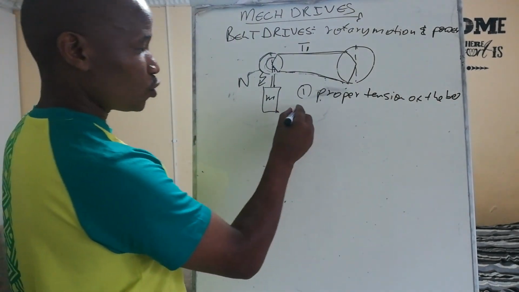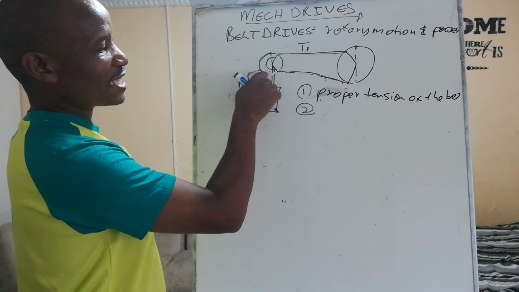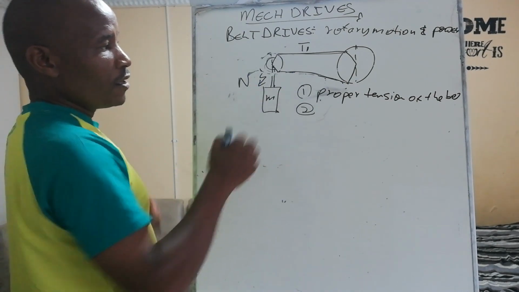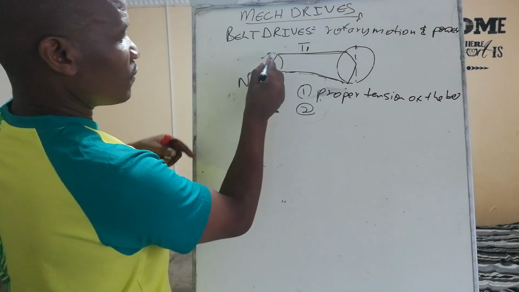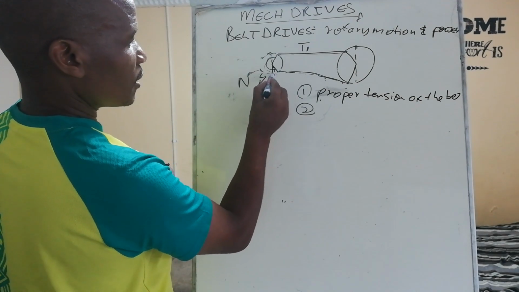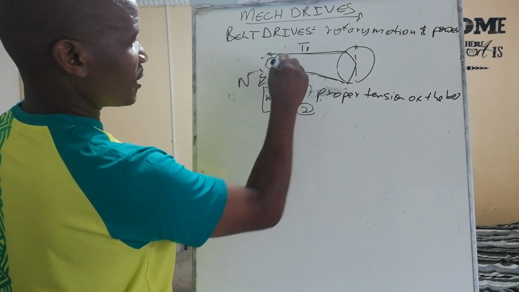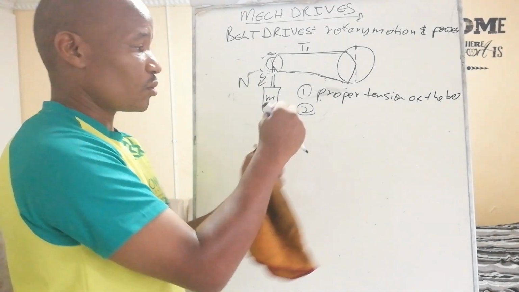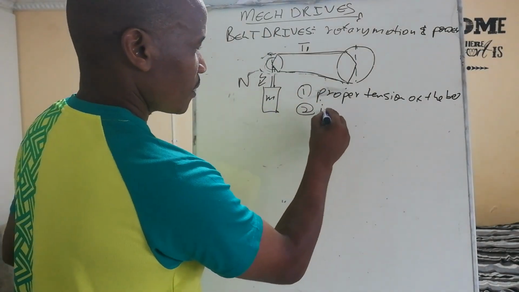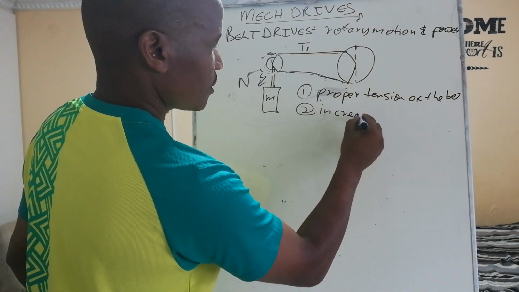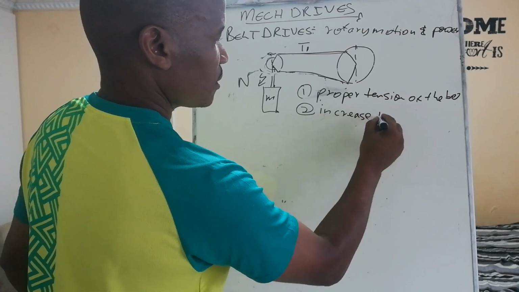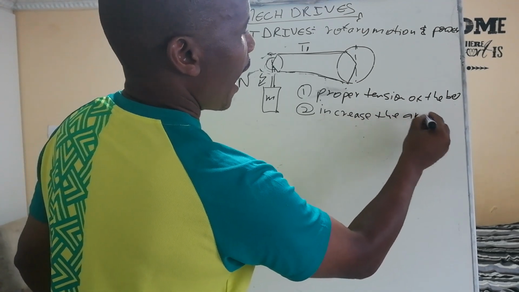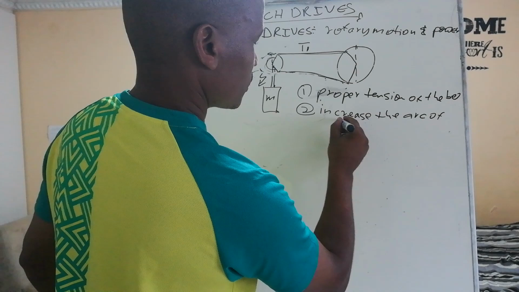That's number one. Two, you increase this arc here. If this belt was moving out here, you can bring it here so that it can be tight on the pulley. Increase the arc of contact.